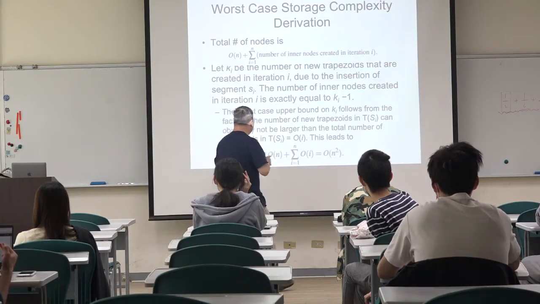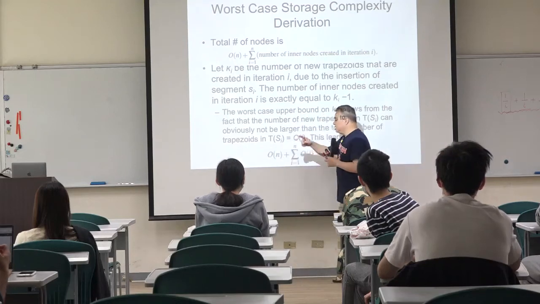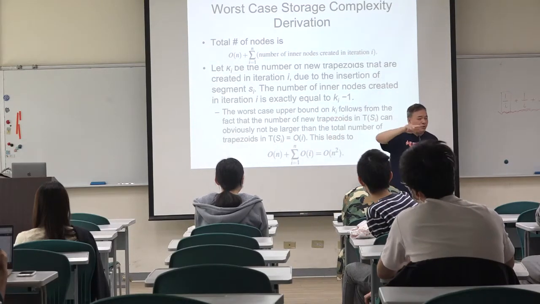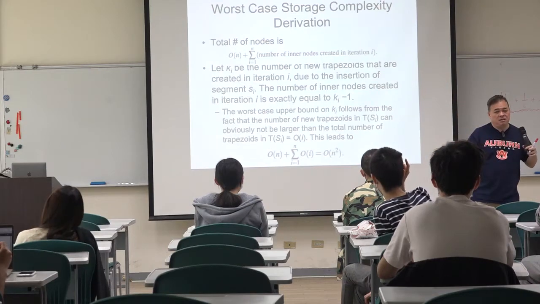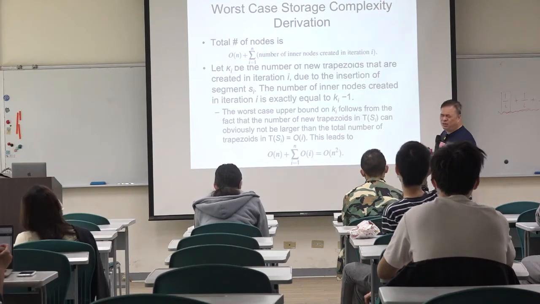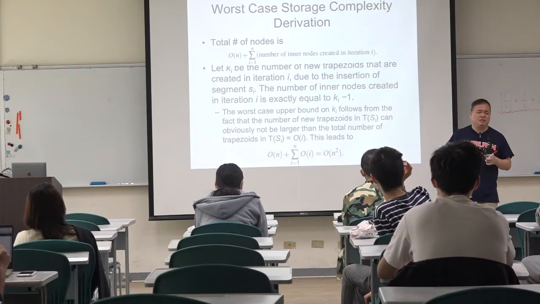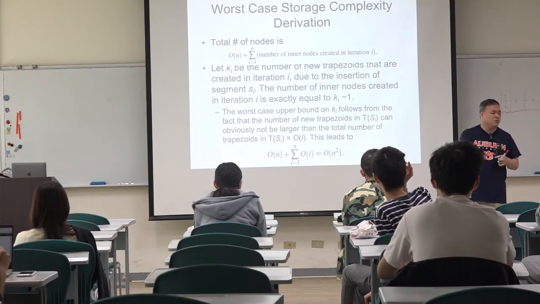So that's the worst case: the segment happens to go across all the trapezoids. Actually, it's almost not possible in many cases, but let's consider this worst case.